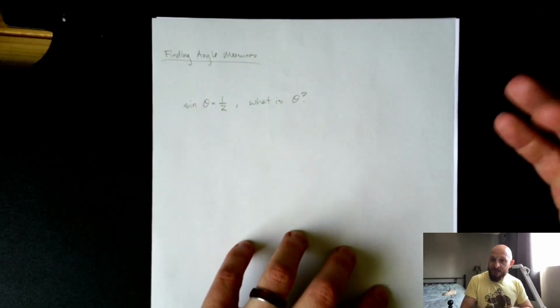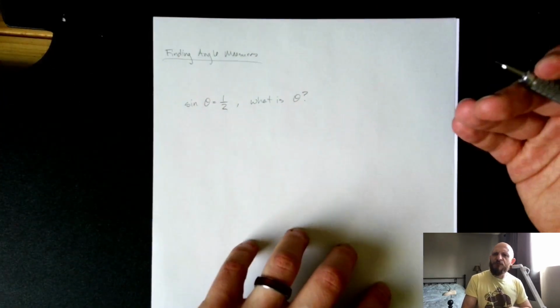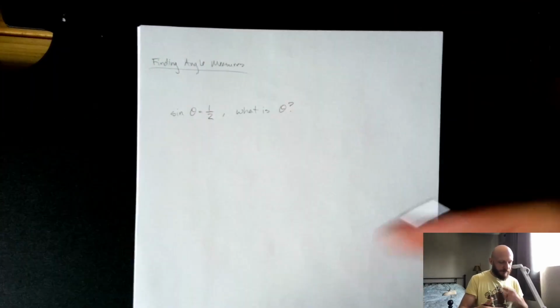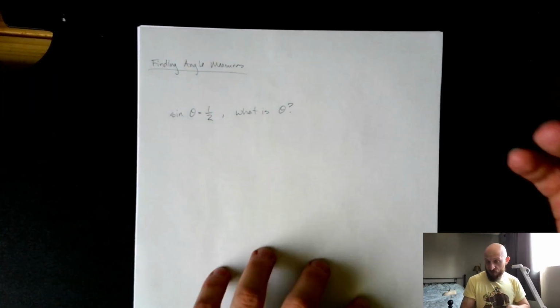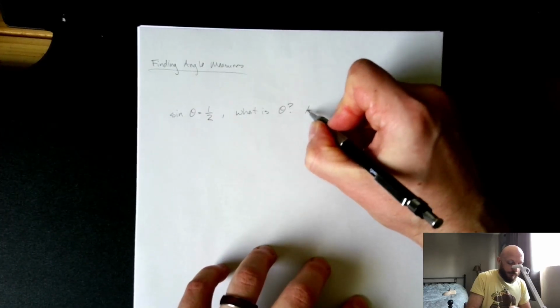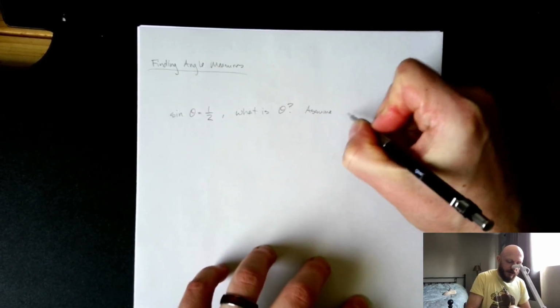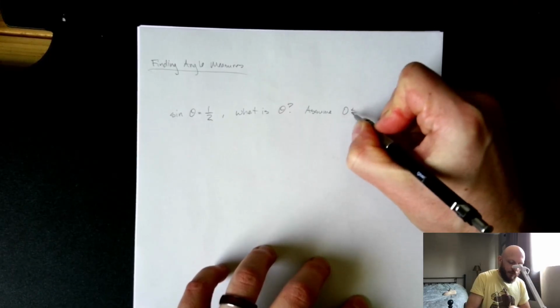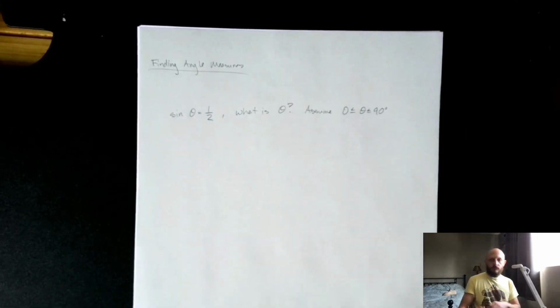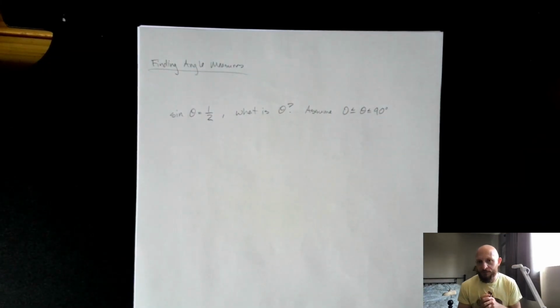That's just what this question is asking. To make it a little bit simpler, and this might not feel like it's making things simpler, but it actually is, because sine is periodic. All these trig functions are periodic. Let's say we'll restrict theta, assume that theta is between 0 and 90 degrees, or between 0 and pi/2. So theta is in quadrant 1.